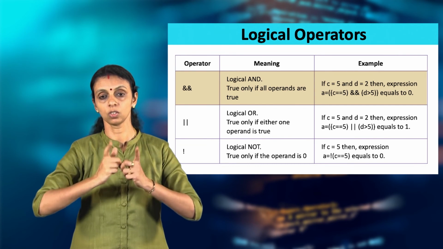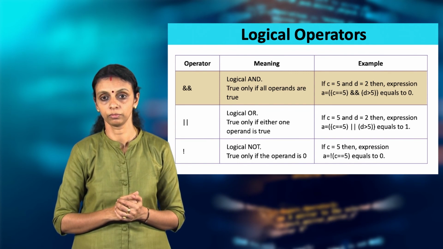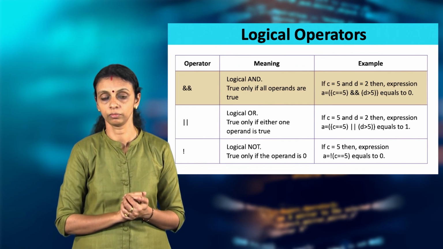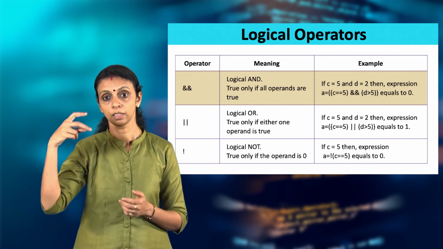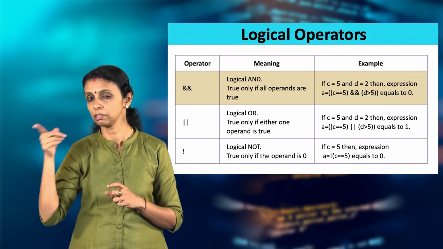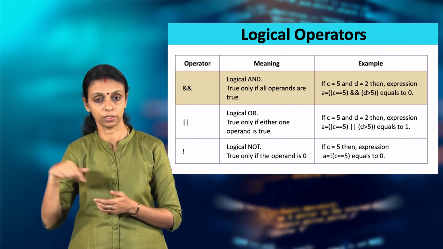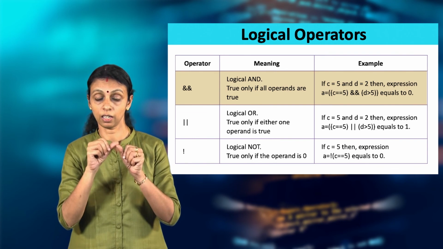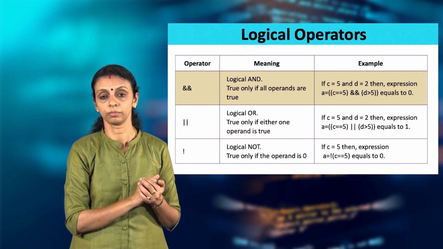Let us see how this logical operator works. Here C is equal to 5, but D greater than 5 is false. So, one condition is true and one condition is false. So, A is 0, that is false.